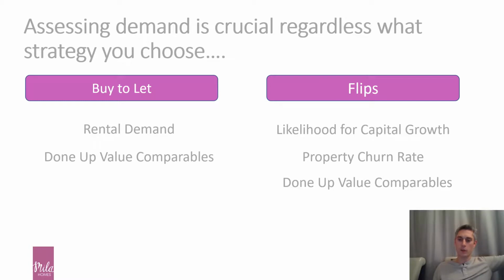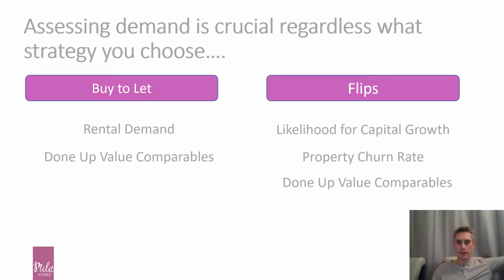Property churn rate, I'll come on to that. This is the number of properties that sell or are about to be sold, i.e. subject to closing or subject to contract terms, relative to all of the properties that are available for sale in a particular area.